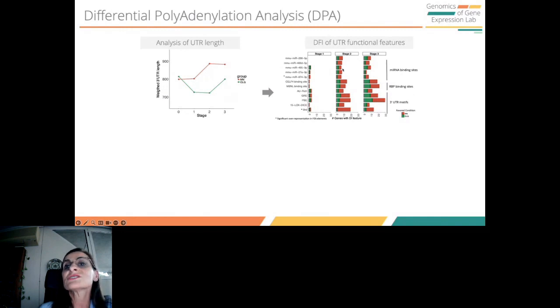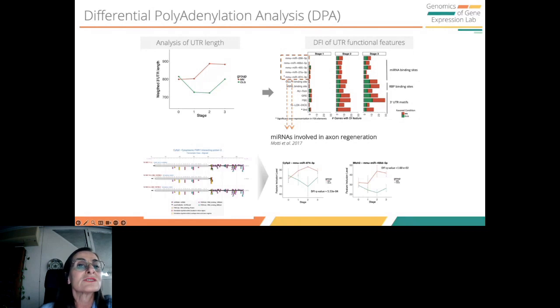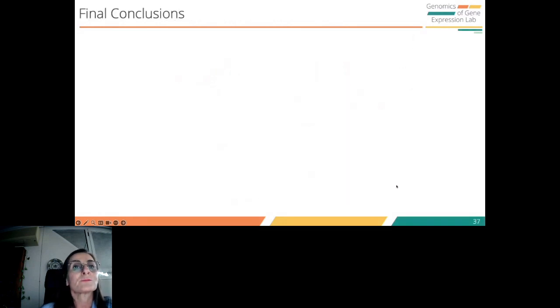These are the different stages, and you can see how, for example, many microRNA binding sites are especially included as the differentiation progresses, and these are microRNAs involved in axon regeneration. Because of how the UTR is modified, you have inclusion of particular microRNA binding sites that are present in the motor neurons and not in the oligodendrocytes.